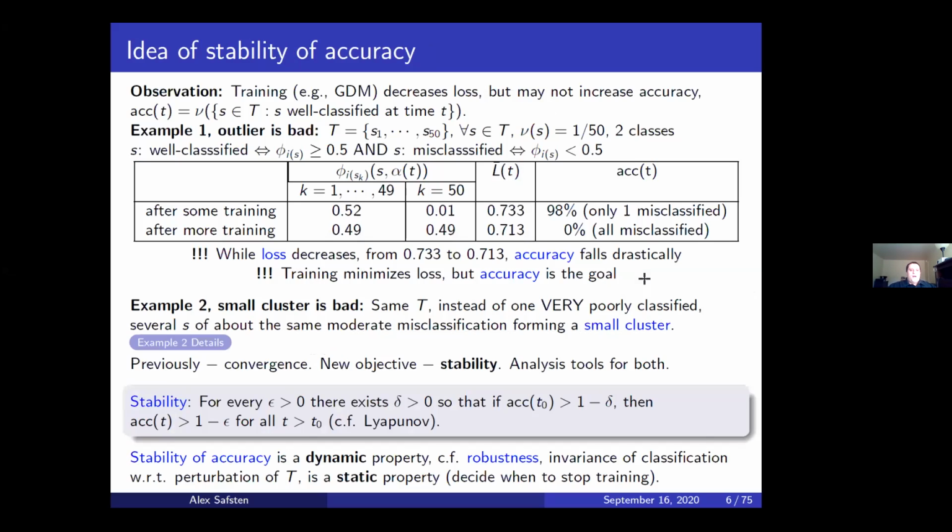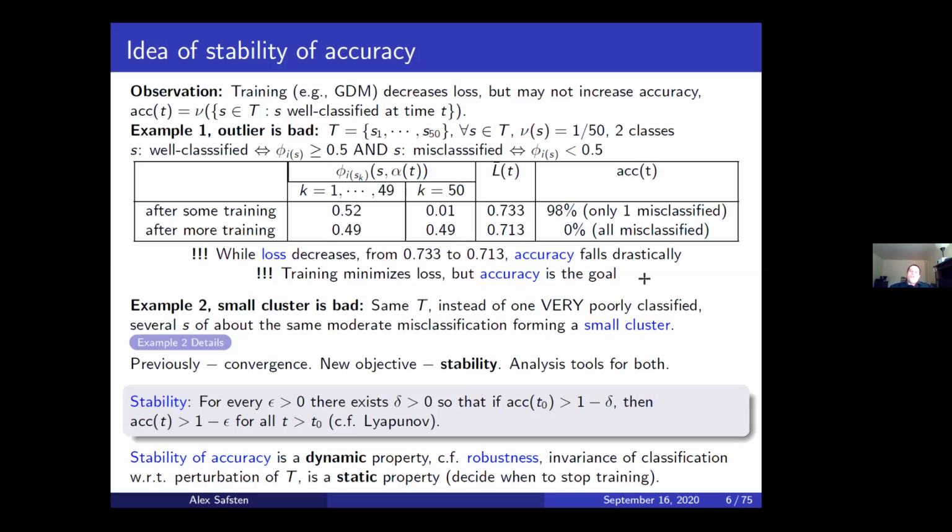So the idea of stability of accuracy is based on this observation that training decreases loss, but it might not increase accuracy. Accuracy is defined as the weights of all of the objects that are correctly classified at time t. As an example of this phenomenon, consider the training set with 50 objects, and each object has equal weight, and there are 2 classes.